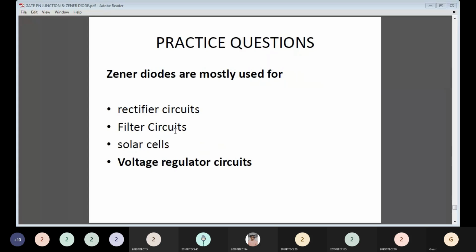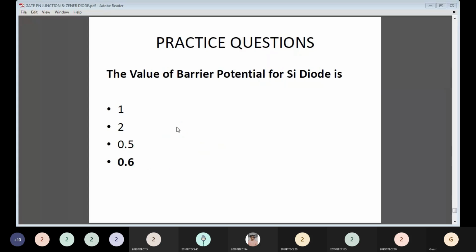So for that we are using this Zener diode. The value of potential barrier for a silicon diode is, the options are 1, 2, 0.5 and 0.6. So the potential barrier voltage for the silicon diode is 0.6.